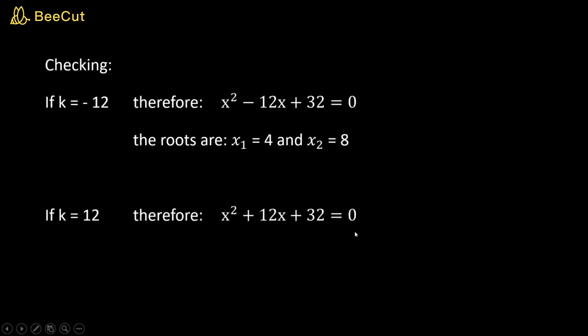And if k is 12, the equation is x squared plus 12x plus 32 is equal to 0, and the roots are negative 4 and negative 8. So it's a matter of the sign that varies. But based on the numerical coefficient, it is 12.